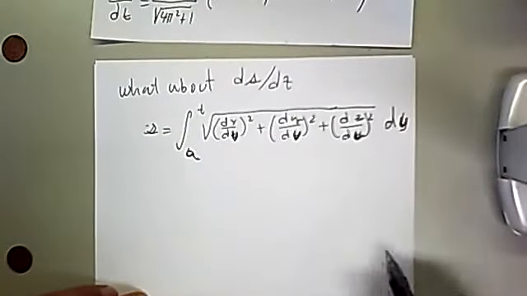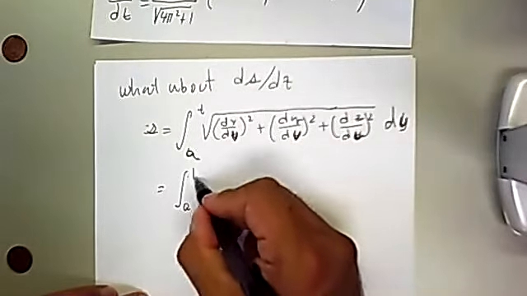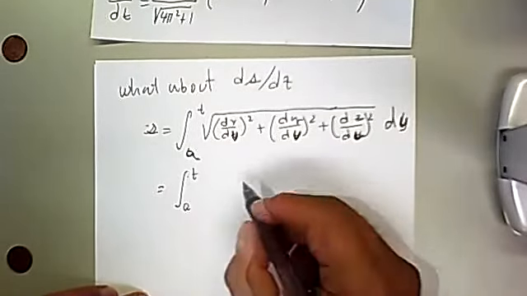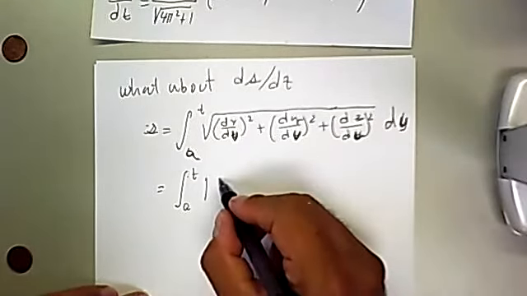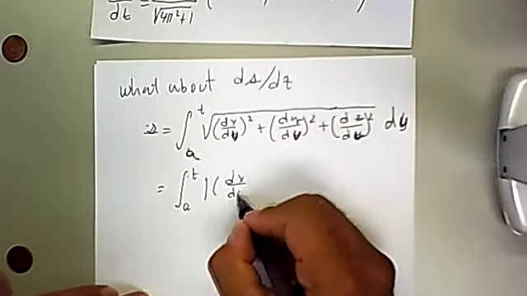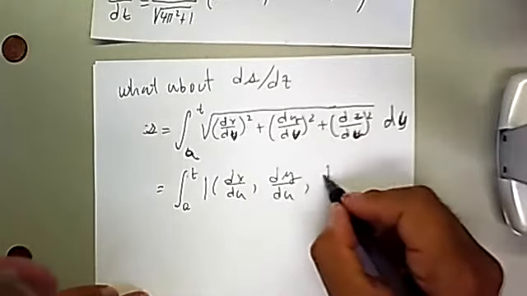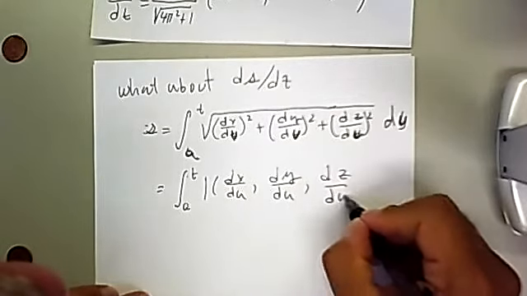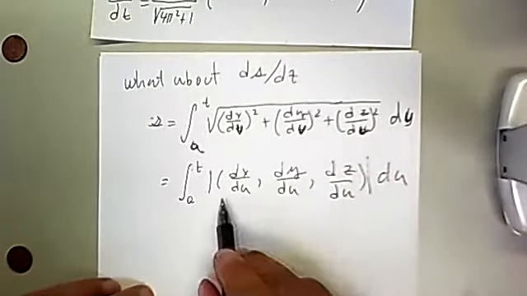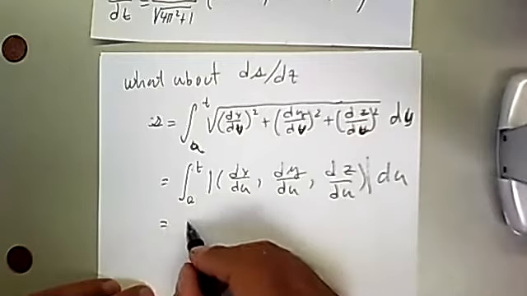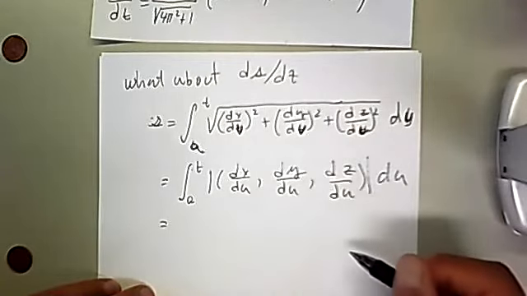Okay. But notice that this integral from a to t is the same thing as the magnitude of a vector whose components are dx/du, dy/du, dz/du, magnitude with respect to u. And this vector turns out to be precisely the derivative of r of u with respect to u.